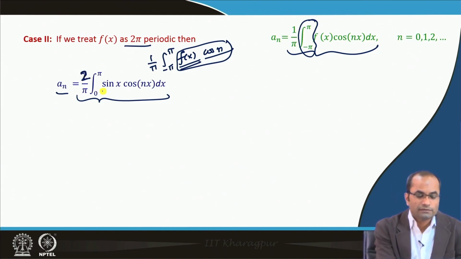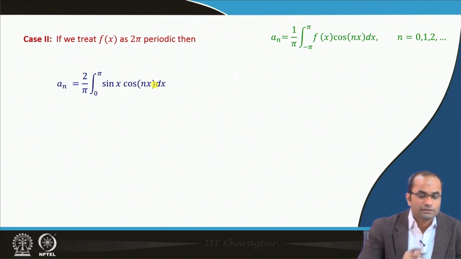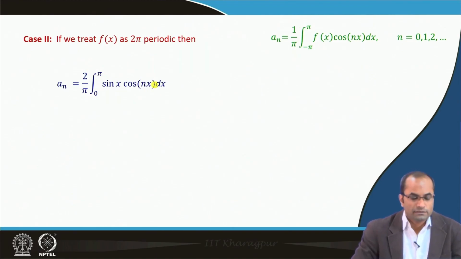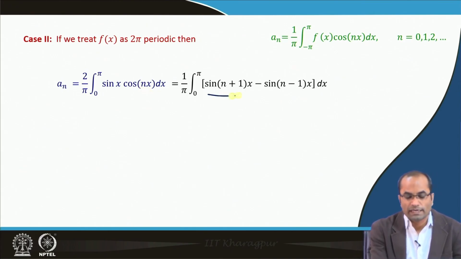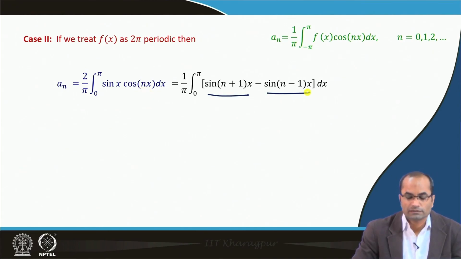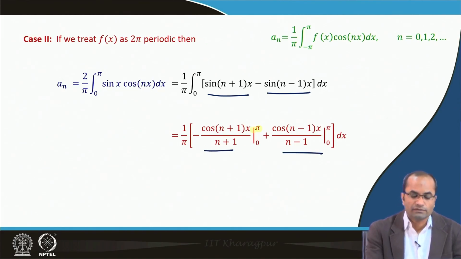Now in 0 to pi the function is positive, so we have removed the mod, and we have sin x cos nx dx. Now we can apply the formula 2 sin x cos nx, giving sin (n plus 1)x and sin (n minus 1)x, and we can integrate these sines. With a minus sign we will get this cosine and this cosine, again with the same argument.